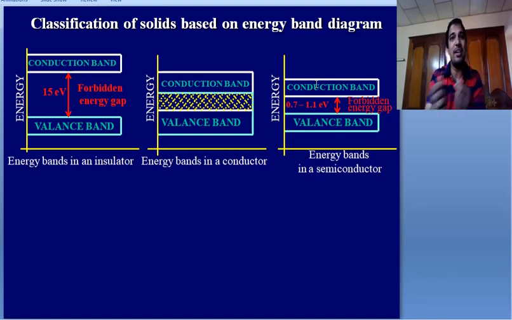Detaching protons from the nucleus is a very difficult task, done in nuclear reactors. That is a separate concept. So from the valence band to the conduction band we can pass these electrons with a minimum or medium energy level of 0.7 to 1.1 electron volts. This is about semiconductors.